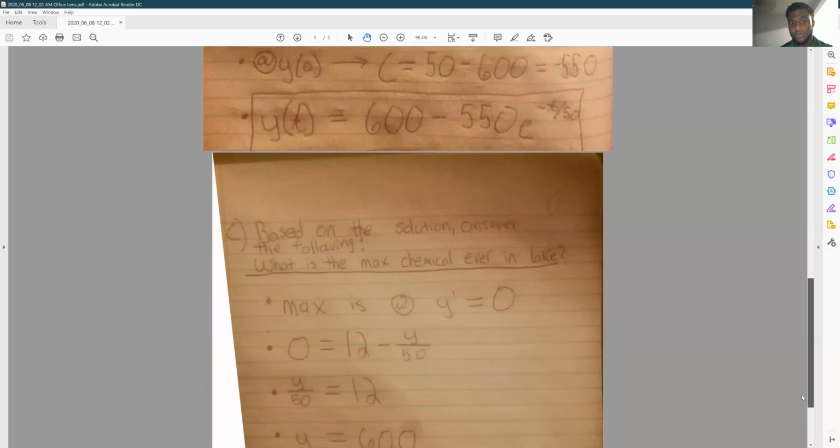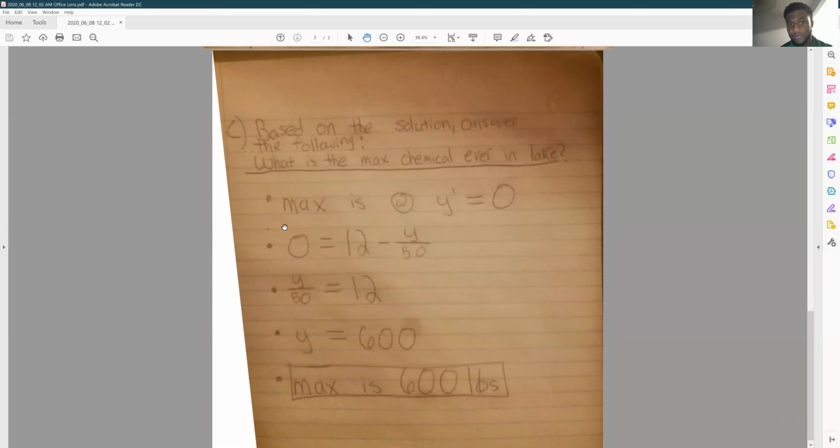We plug in 0 for Y prime, so 0 equals 12 minus Y over 50. So you add the Y over 50 to the left, and you get Y over 50 equals 12. Now, you multiply 50 by both sides, and you'll end up with Y equals 600, giving you a maximum chemical in the lake of 600 pounds.